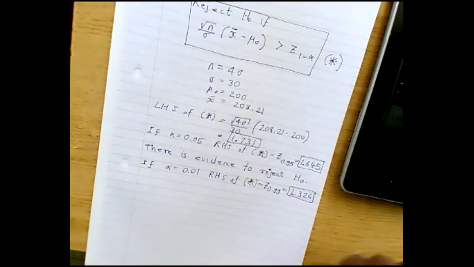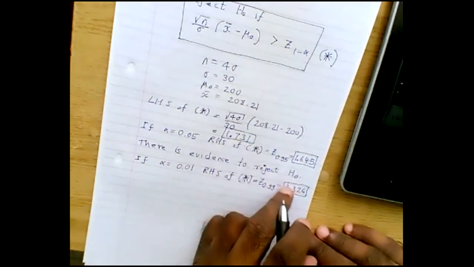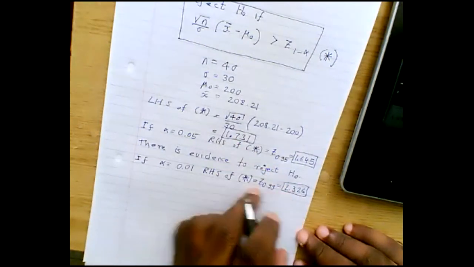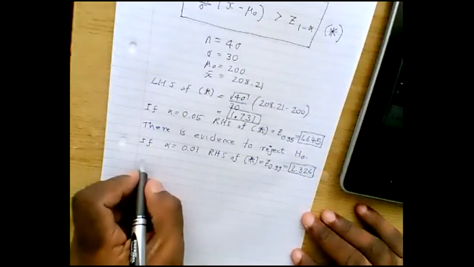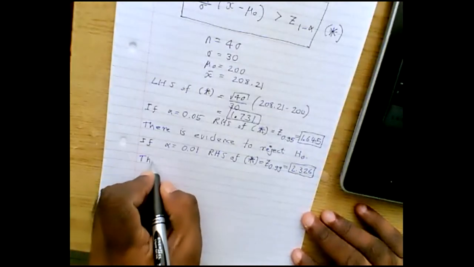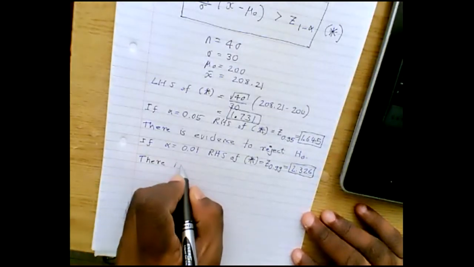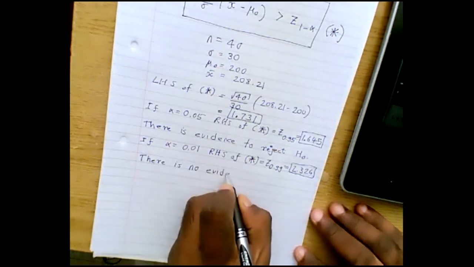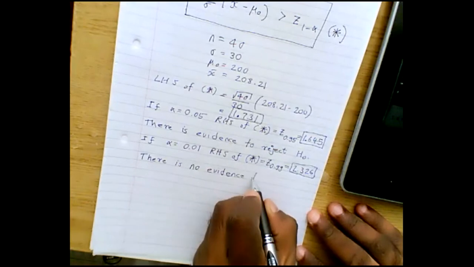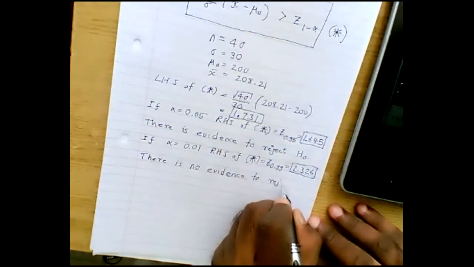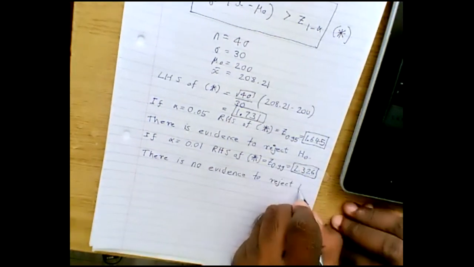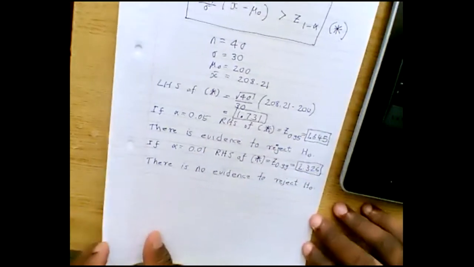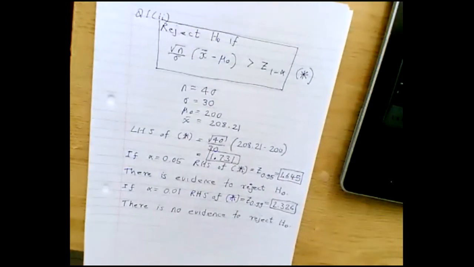Okay, so now if you compare these two numbers, clearly this is not greater than this number. So the conclusion here is that there is no evidence to reject H0. All right.